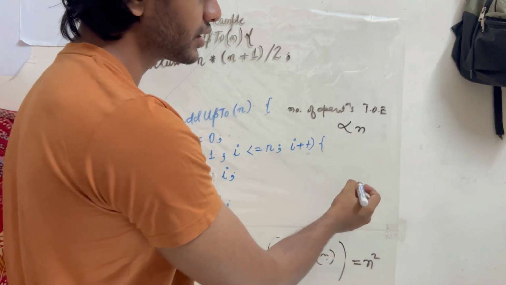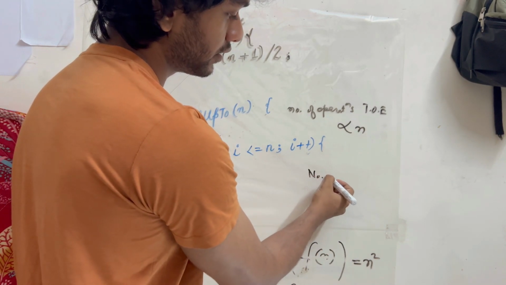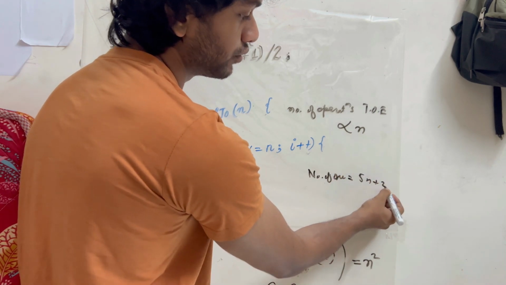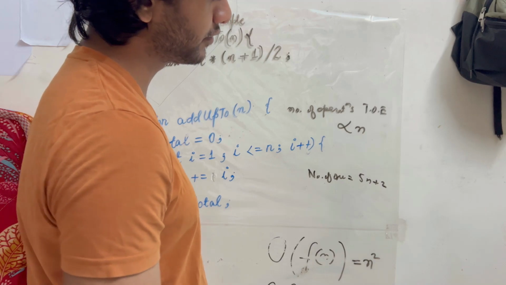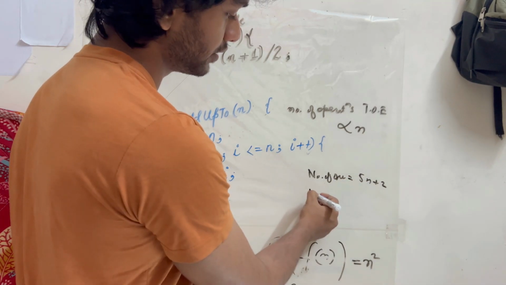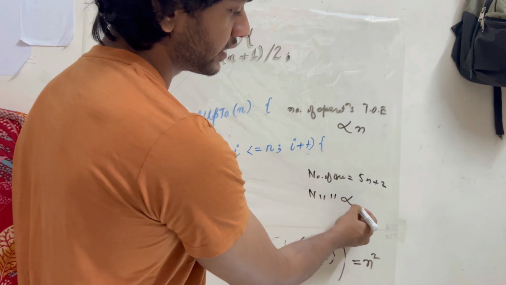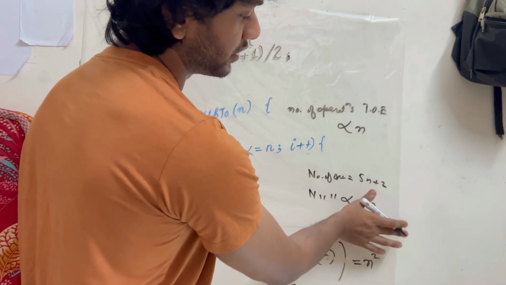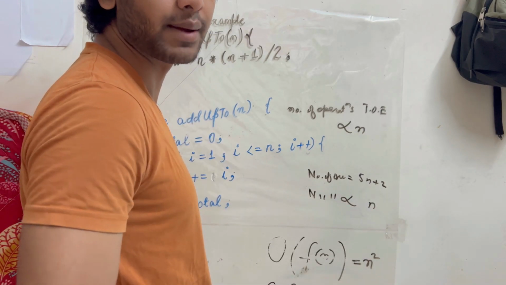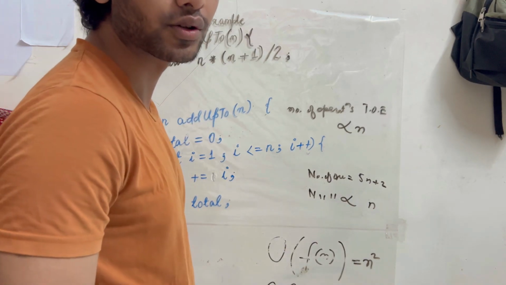Because in this equation we found the number of operations was 5n plus 2. As you know a little bit of basic mathematics, we remove the constants, so the number of operations is directly proportional to 5n, or simply n. So as n grows, the number of operations grows, and the time taken to execute this function grows.